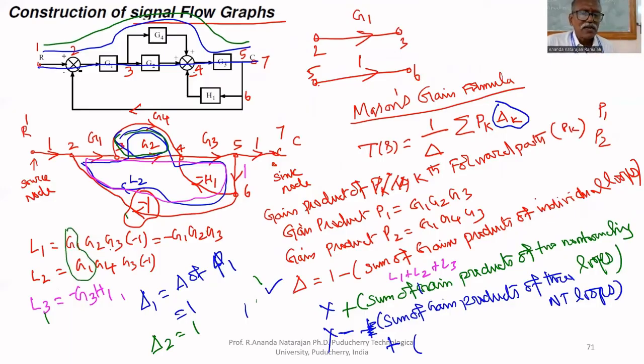If you consider L1 and L3, G3 is common. If you consider L2 and L3, G3 is common. Therefore, they are touching each other. Sometimes loops may be touching without having common elements, so you should be very careful. That's why I'm telling.